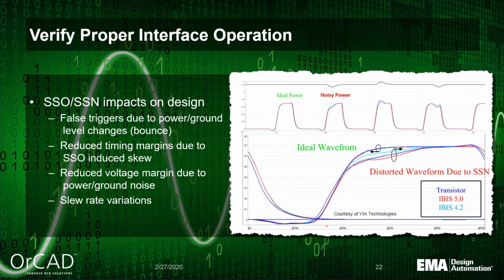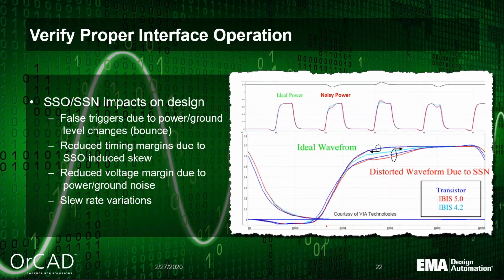One of the enemies of this interface is simultaneous switching output, simultaneous switching noise. I mentioned the voltage drop basically reduces your margin for any kind of noise on the system, and the ability to switch fast with low impedance power delivery networks is going to affect that also.